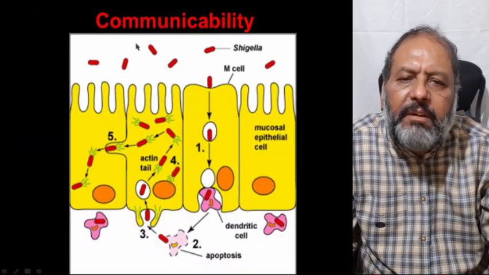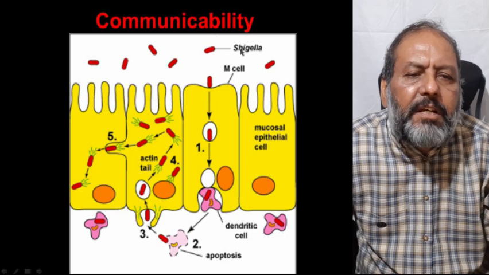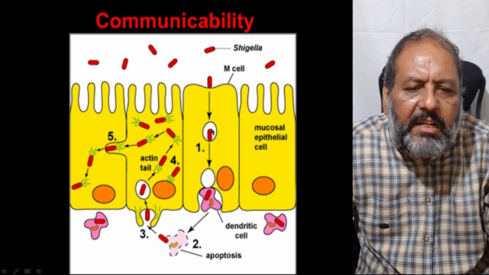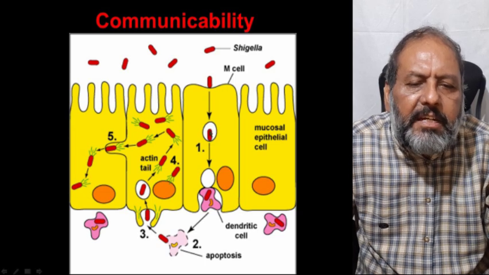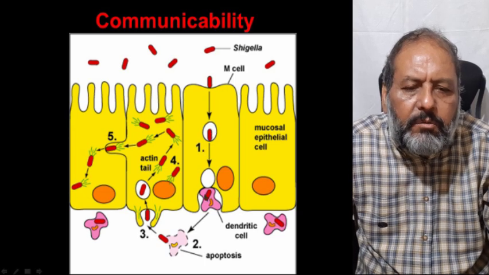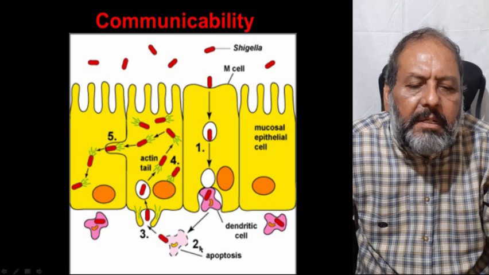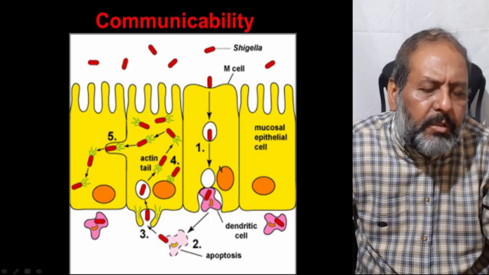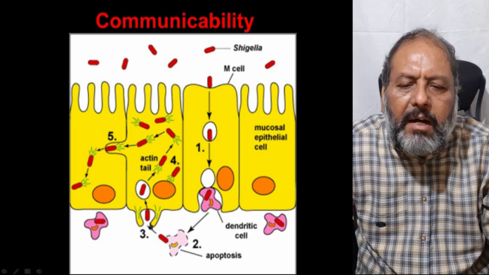So one can see the communicability: the Shigella bacteria get entry into the M cells, and here we can see it passes down through the mucosal layer into the other cells.